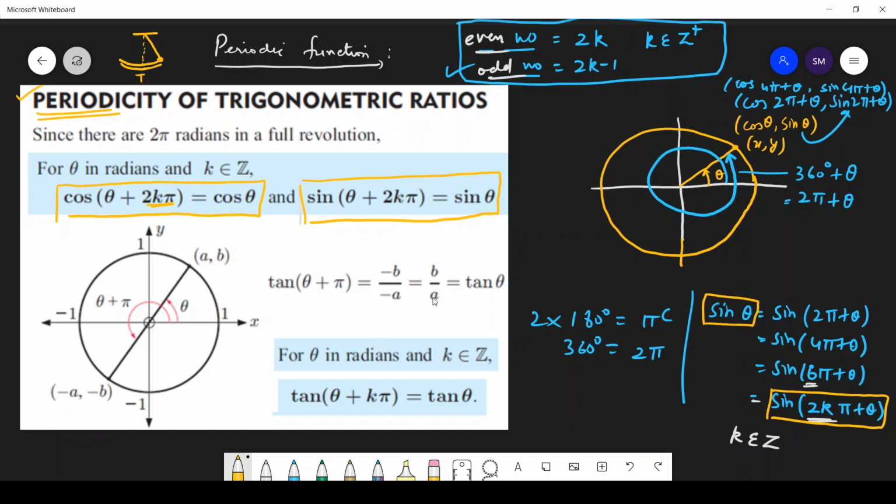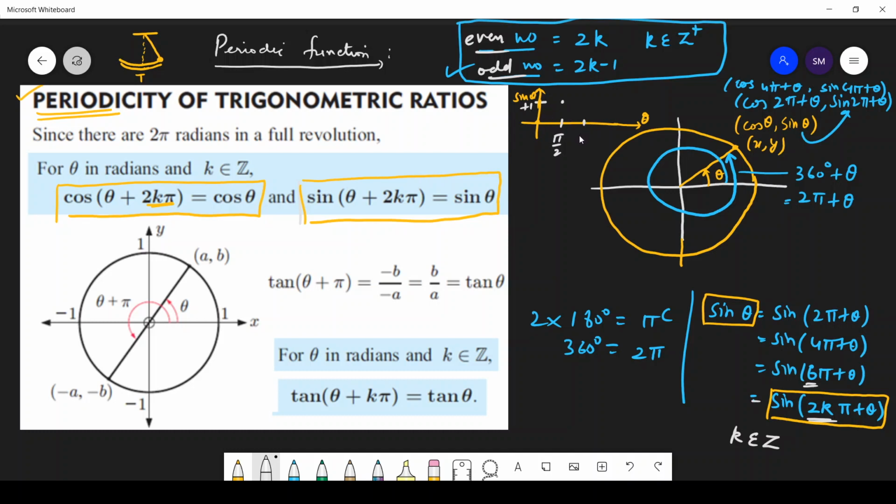Even if we draw the graph of sine theta, so this is theta and this is sine theta. When theta equals 0, sine theta is 0, and when theta equals 90 degree, then sine 90 is plus 1.